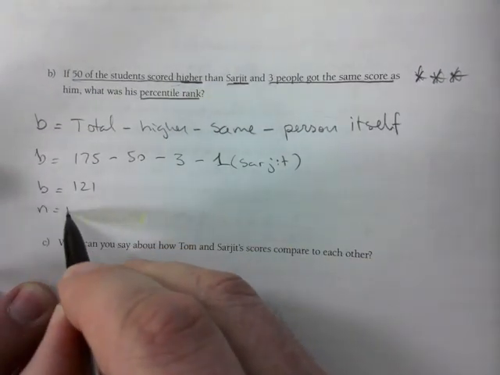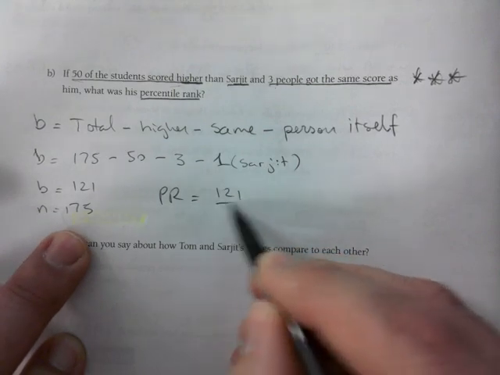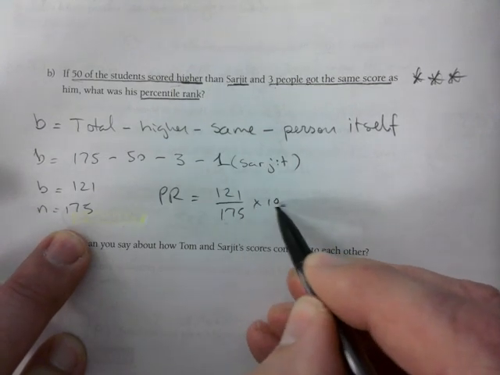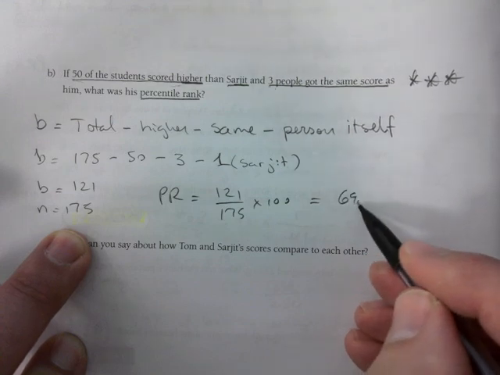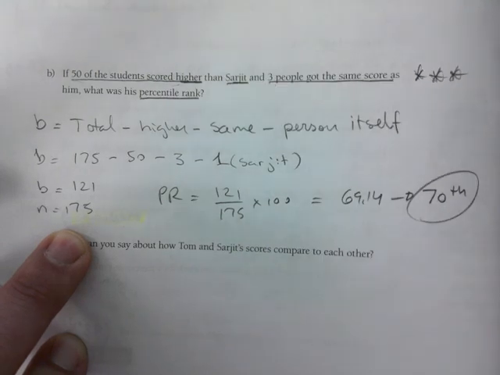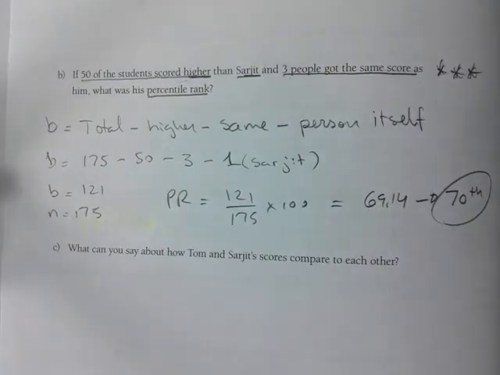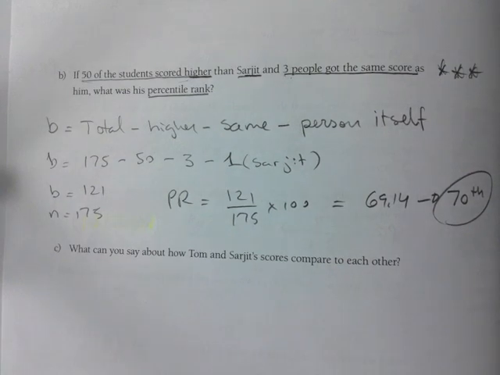And N is 175. Now you can figure out percentile rank: 121 over 175 times 100. That gives you 69.14, which we're going to say 70th percentile. So 70% of students scored below Sarjeet in this case.